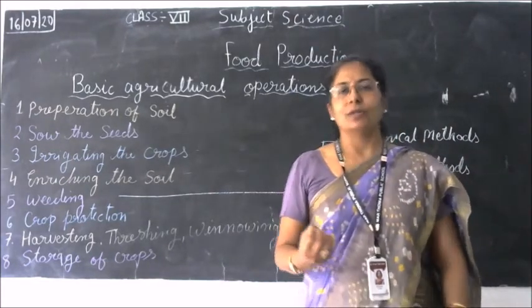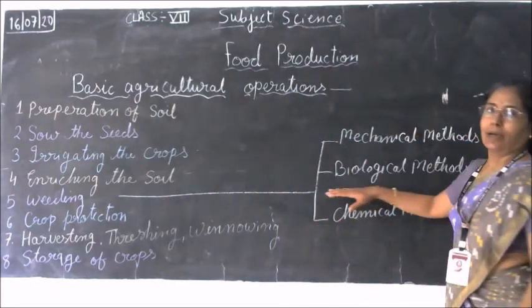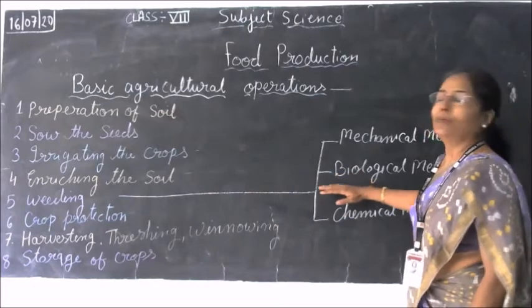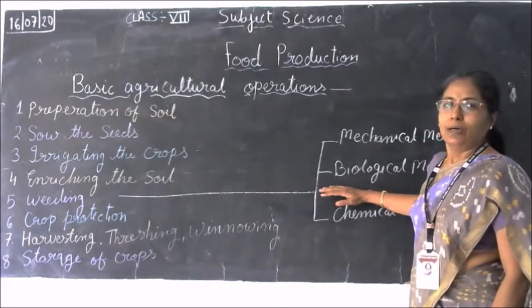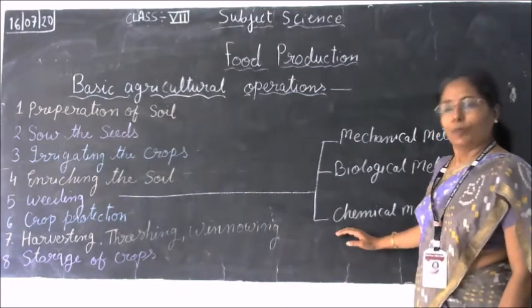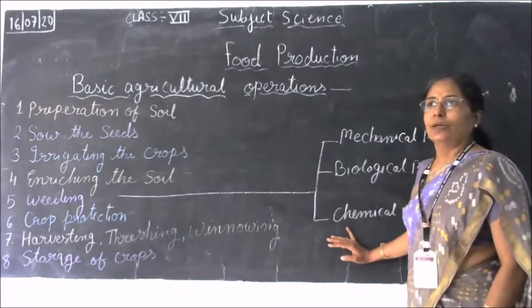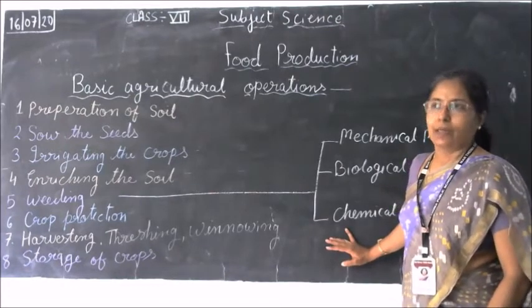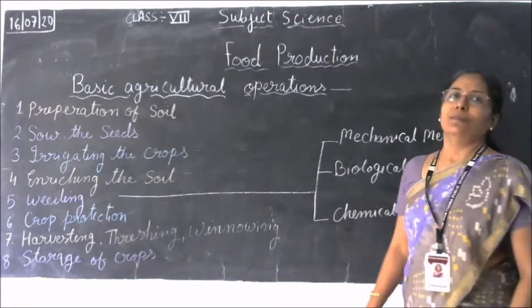Like in the south, they use prickly pear and some insects to remove unwanted plants from the main crops. Last is the chemical method. Farmers use chemicals to remove these kinds of unwanted plants. These chemicals are called weedicides.